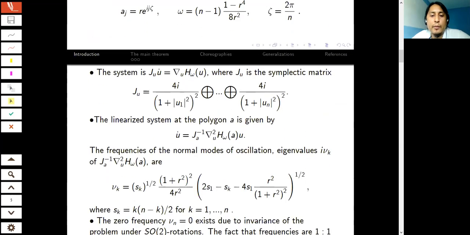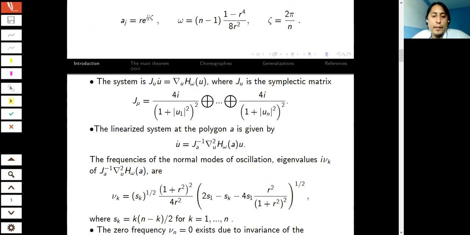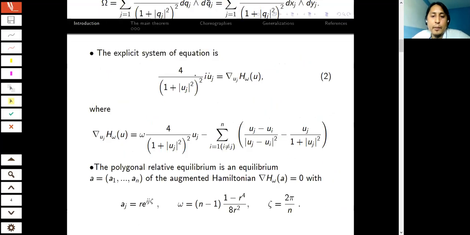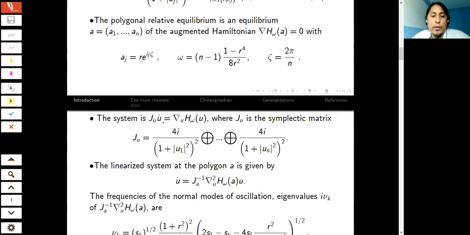For that, I'm going to define the matrix J of U. J of U is just a direct sum, with these numbers on the diagonal, 4i over this number with u1 going to un. If I define that matrix like that, then this system is just J of u applied to u dot equal to the gradient of h of omega.